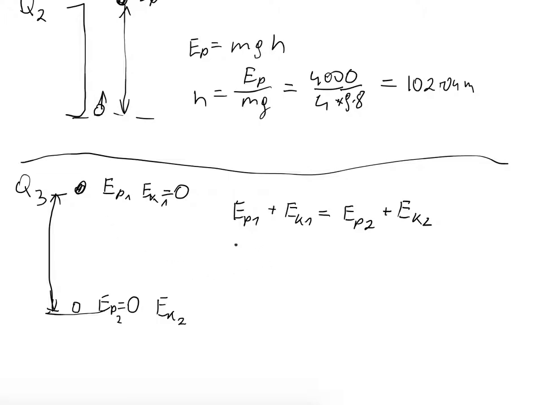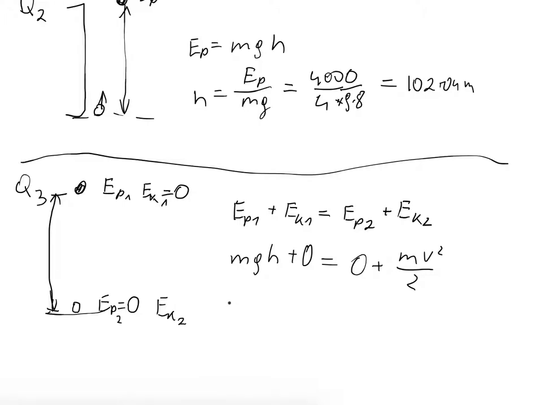That turns into EP1 has some value, mgh, EK1 plus 0 is equal to 0 plus EK2, which is mv squared over 2. Now, finally, we can solve our equation to find its kinetic energy and the speed.